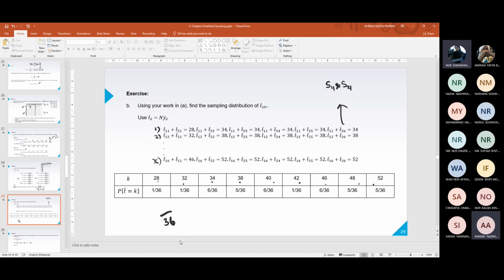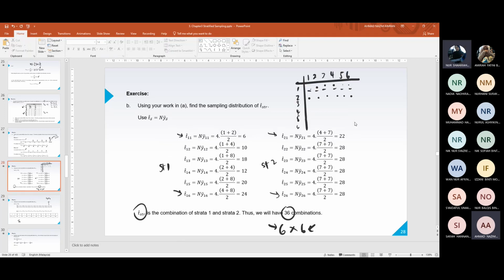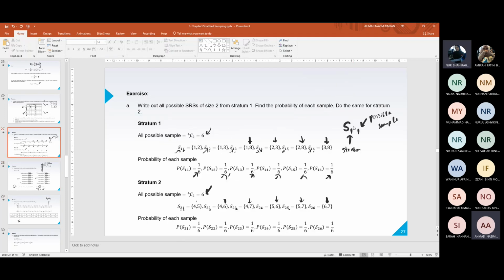Tengok balik ya. First possible sample untuk stratum number 1 is 1, 2. First possible sample untuk stratum number 2 is 4, 5.